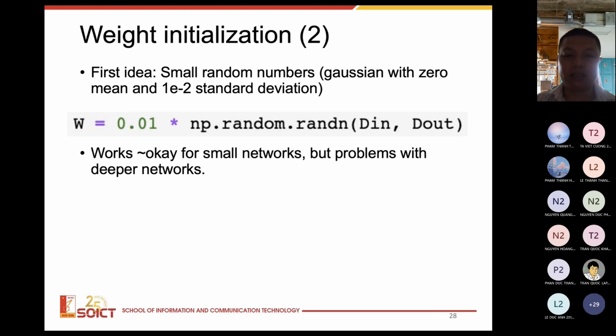For a small network, this could be an acceptable initialization. You will have no problem with a small network. But in the case of a deeper network, you might get a problem.